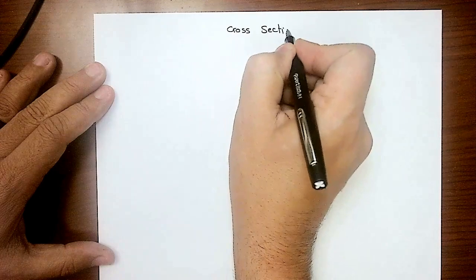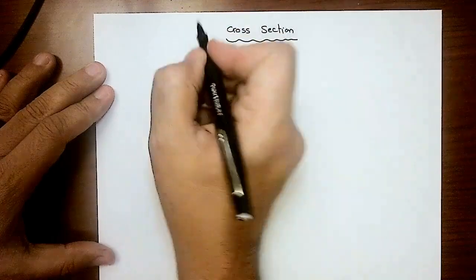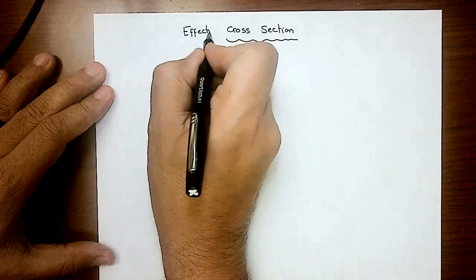So let's talk about cross section. In simple language, let's make that the full name: effective cross section.